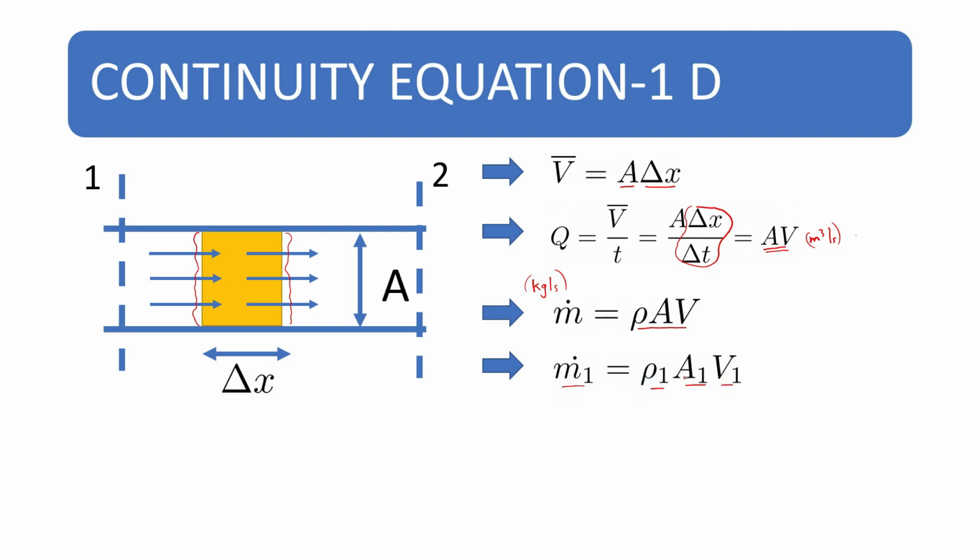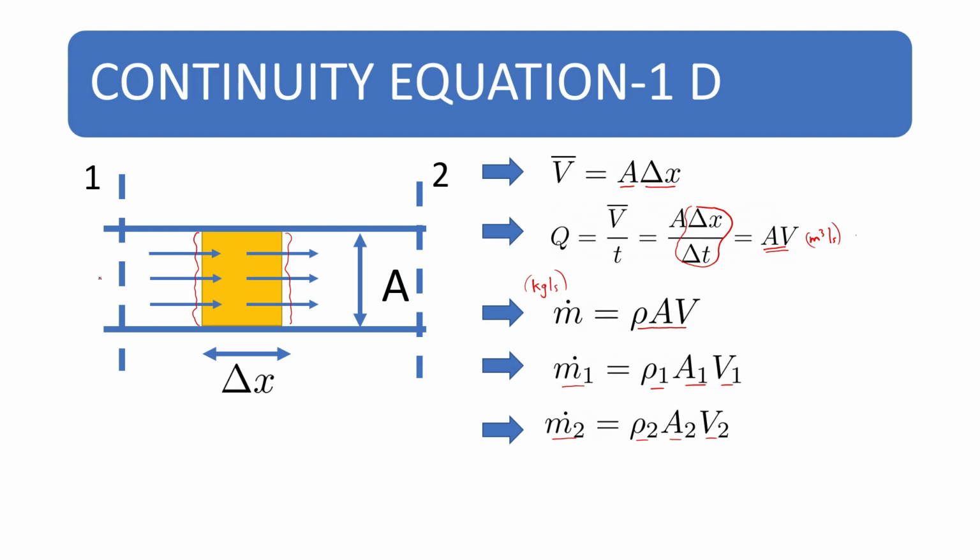Rho is density, A is the cross-sectional area at 1, and V is the velocity at 1. And what is the mass flow rate across 2? That is equal to m2 dot, that is equal to rho 2 A2 into V2. Density into cross-sectional area into velocity at 2.